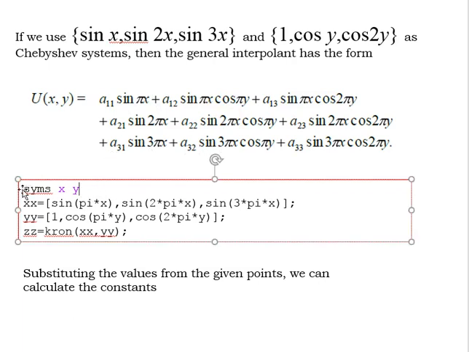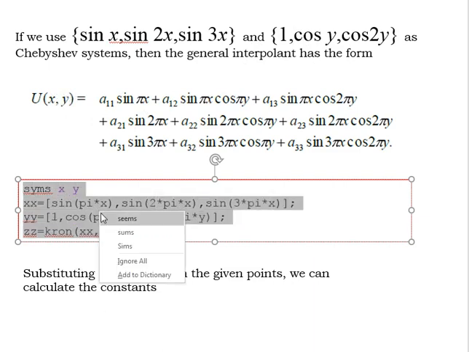So if we write these codes, this is x, here our chosen system for interpolating in the x direction, and this is y, the functions of interpolation in the y direction, and we take kron products in Matlab to determine uxy.